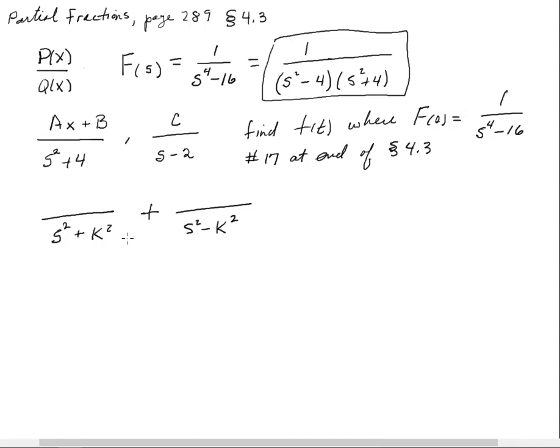Now again, it takes a little experience and practice, but I cannot introduce a variable s into the numerator here, because again, like taking integrals, you can always introduce a constant under the integral, but you can't introduce a variable. So I can't do that, but I could introduce a constant.